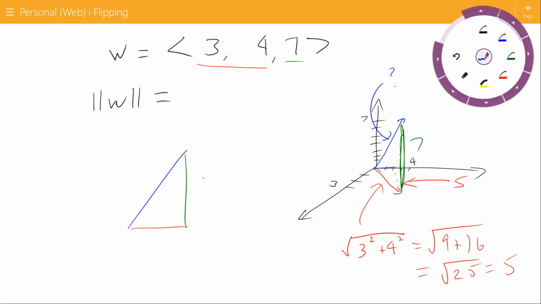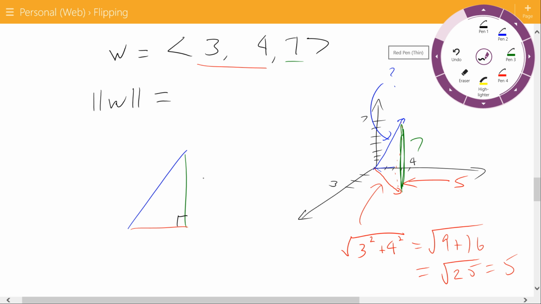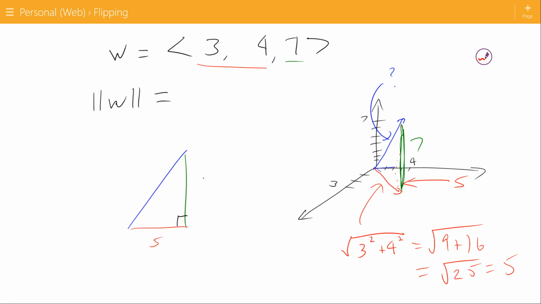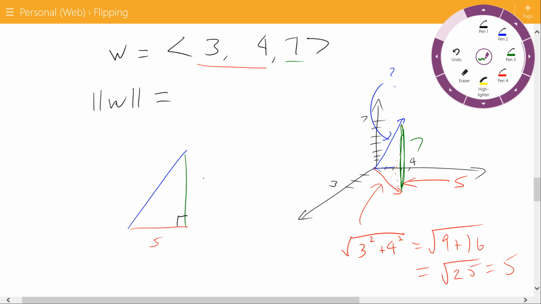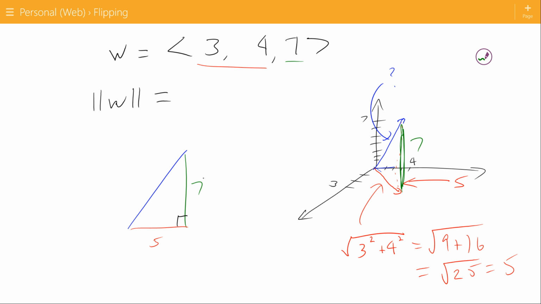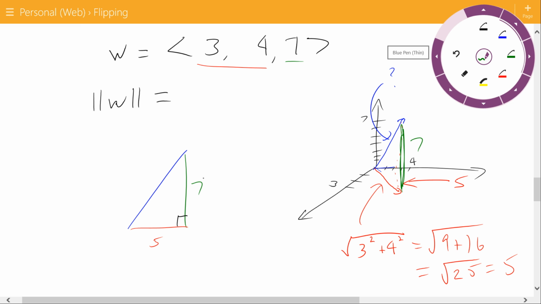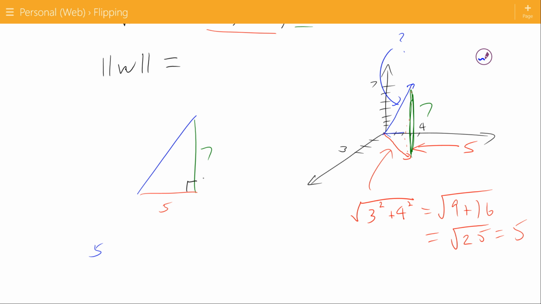This hypotenuse, I do not know, but I do know from down here that the red was 5 and the green was 7. So the magnitude of the original vector in blue, W, is just going to be 5 squared plus 7 squared.